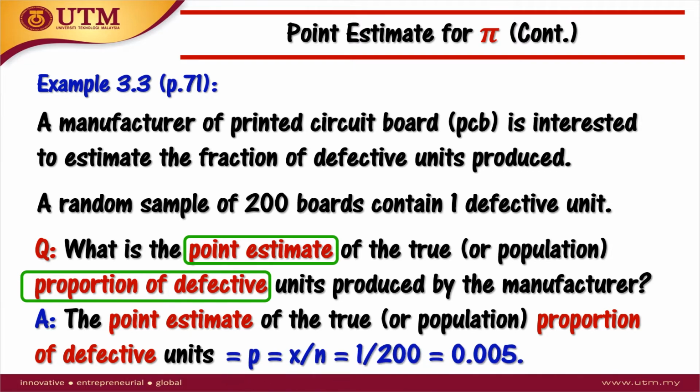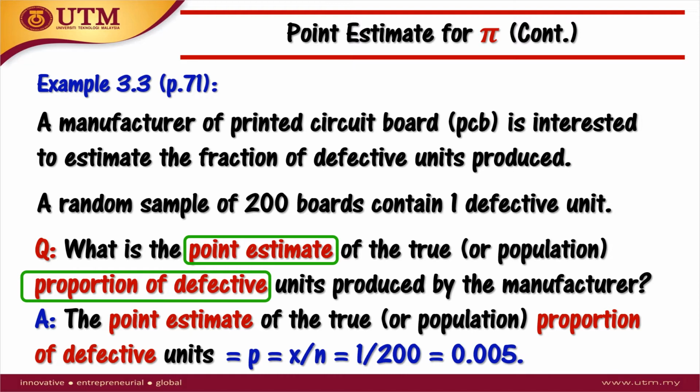Here, p is defined as the number of defective units in the sample denoted by x over the sample size denoted by n. Replacing the values of x and n, we have p equals 1 over 200, which is equivalent to 0.005.